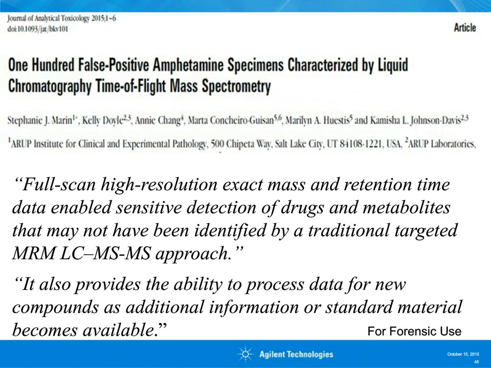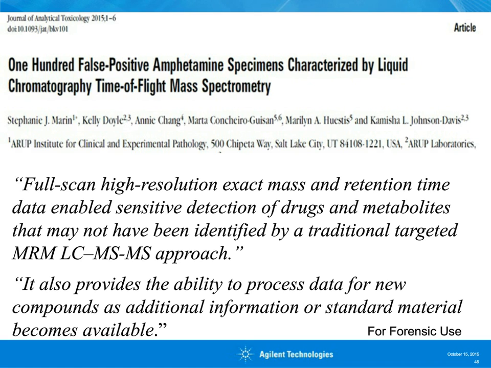Some further work, this time coming out of ARUP, where they used a TOF instrument to examine over 100 false positive amphetamine species that had been previously characterized by LC triple quad and immunoassays.